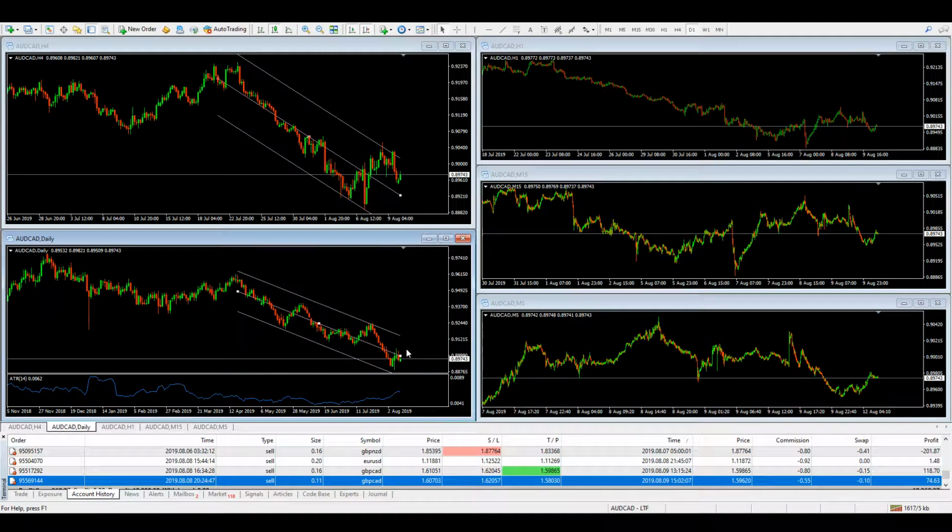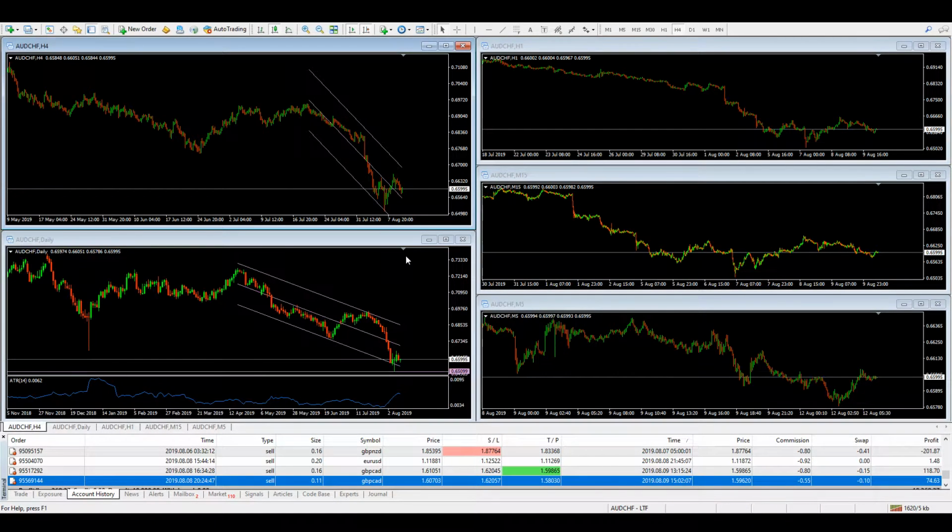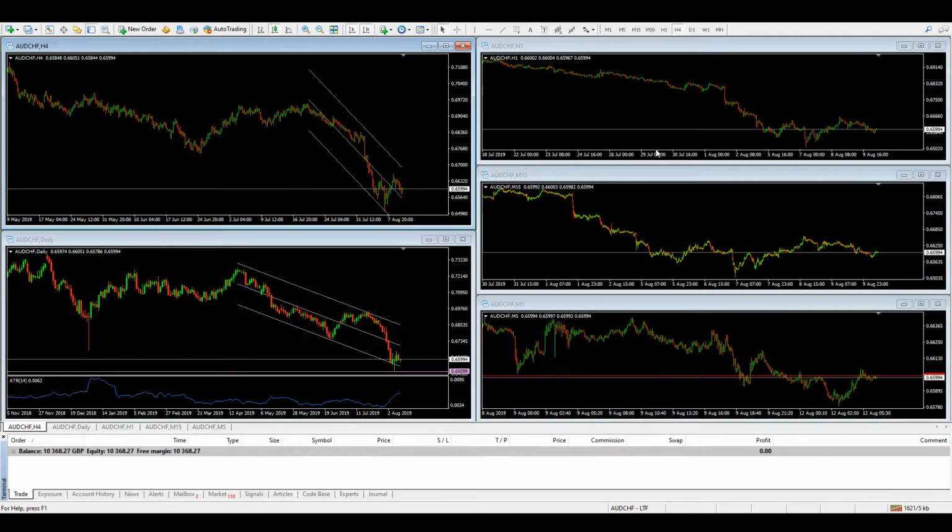But I'm just gonna see if there's other stuff in the market which is better suited. So AUDCHF, just go to here. Similar story, obviously it's a similar pair.